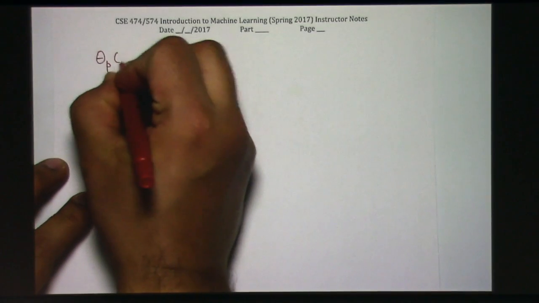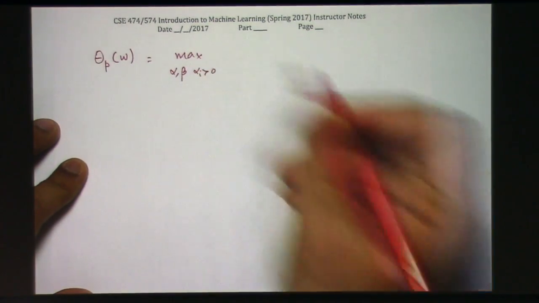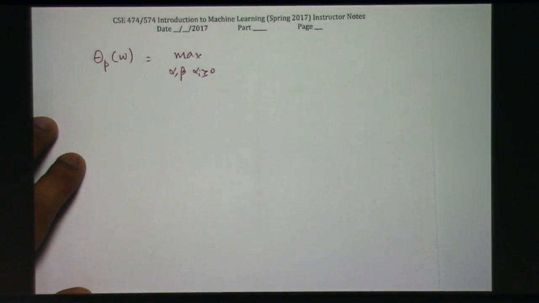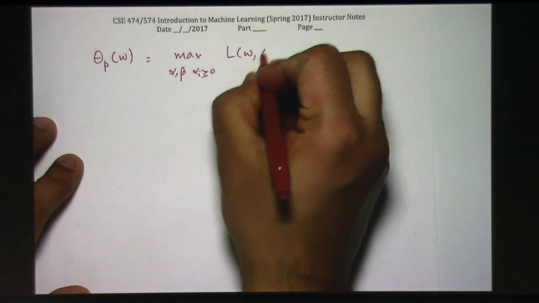this is what it is. We are defining theta p of W, which is just a function of W. It is a max over all alpha beta, subject to all alpha i's being positive, of L of W alpha beta.